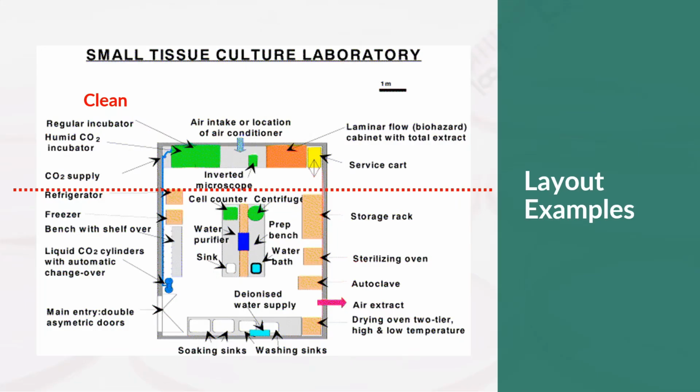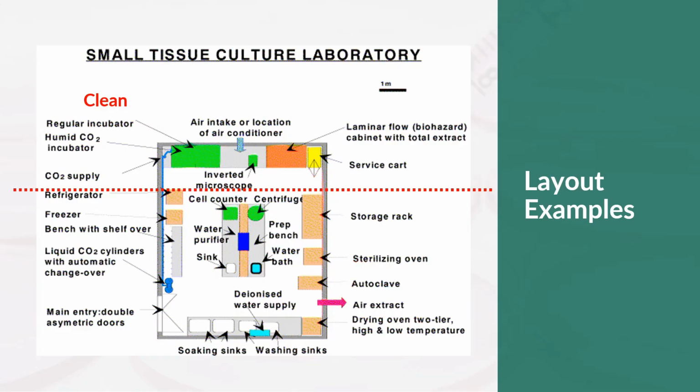So for example, if you have a small tissue culture or cell culture laboratory, this is generally a suggested layout for a self-contained cell culture lab that's generally used by 2 to 3 people. If you just have a single room, you usually have to create a sterility gradient, meaning the clean area for sterile handling is located at one end of the room, preferably furthest from the door where you go in and out.